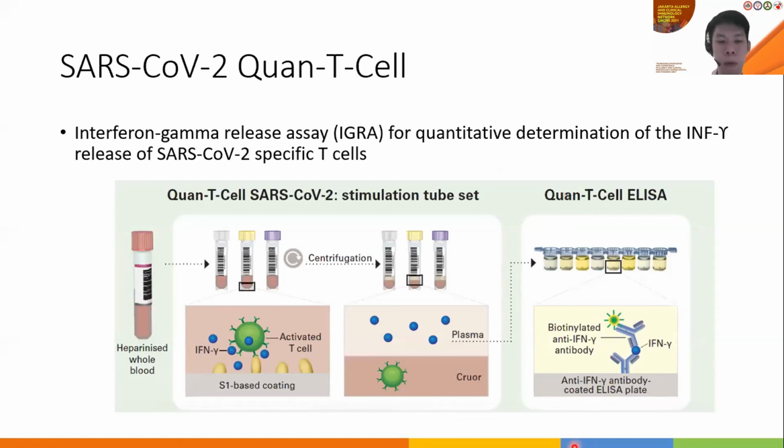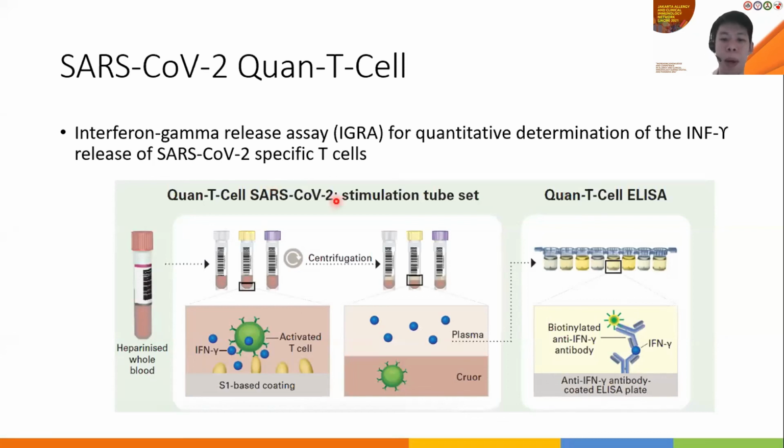A simple workflow includes withdrawal of lithium heparinized blood from the patient we would like to test, and this is incubated in specific tubes. If the patient was previously vaccinated or exposed to SARS-CoV-2, activated T cells within the patient's whole blood will generate interferon gamma.